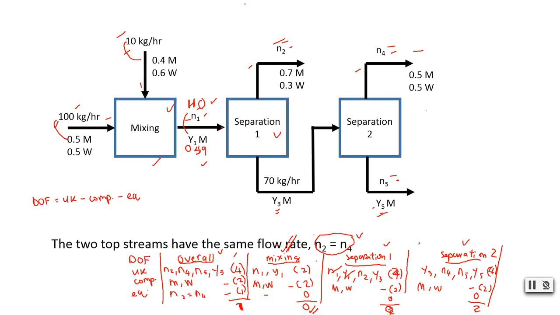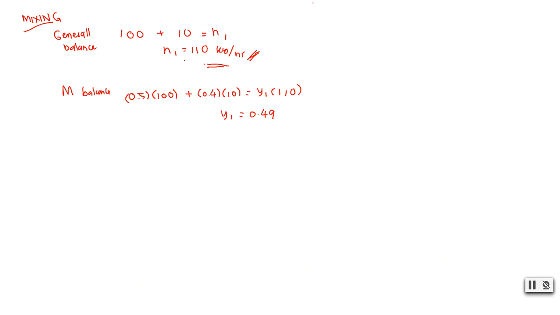Okay, so now we are going to move to the mass balance of separation 1, considering that the DOF can now be 0. So now we are moving to separation 1.